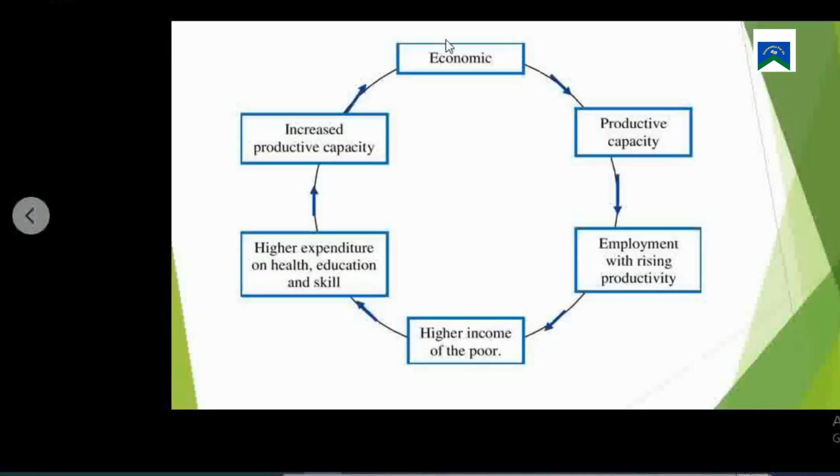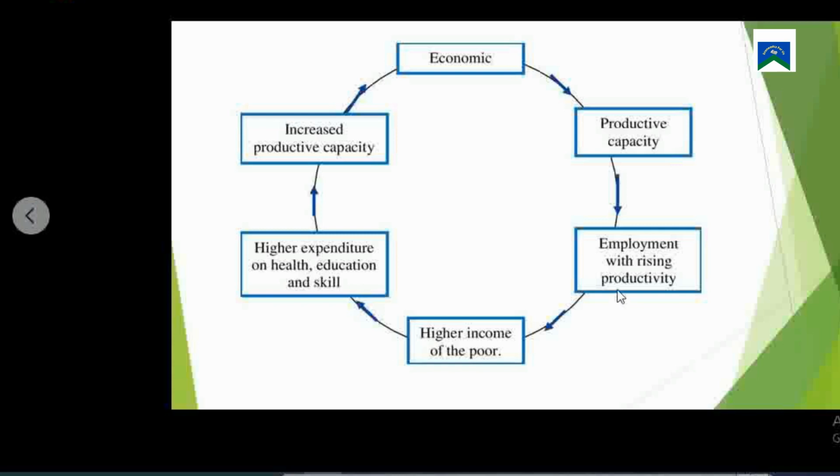In this slide there is a cycle. Economic growth means productive capacity and employment with rising productivity. If employment is rising, this means higher income for the poor; they have the money to consume goods and services, because their purchasing power is increased.